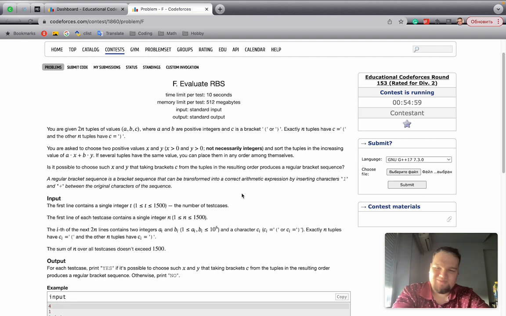Well, that sounds like a geometry problem. Not even a very hard one. Just like we have points on the plane with coordinates a and b, and in each point there is a bracket.